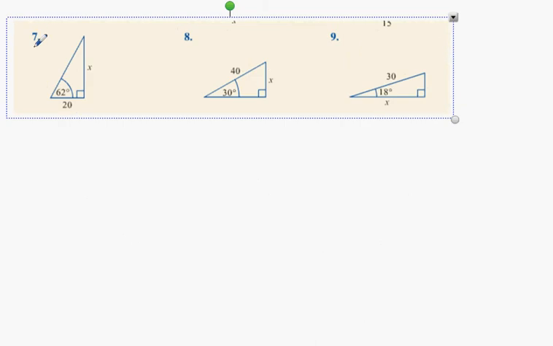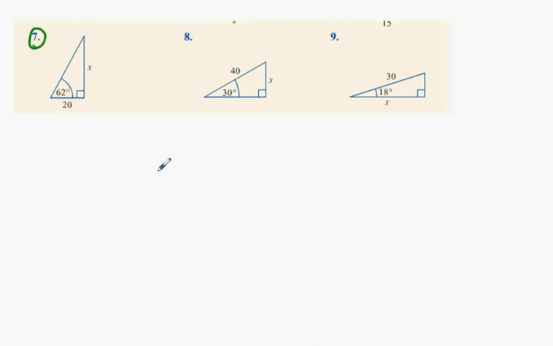Let's move on a little bit. Okay? This one here. Which two sides do we know compared to the 62? Opposite and adjacent. What function do we use for opposite and adjacent? You'd use sin if it's opposite and hypotenuse. Tan, opposite and adjacent.